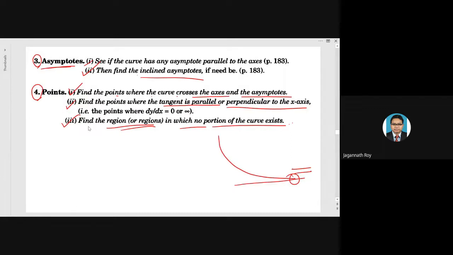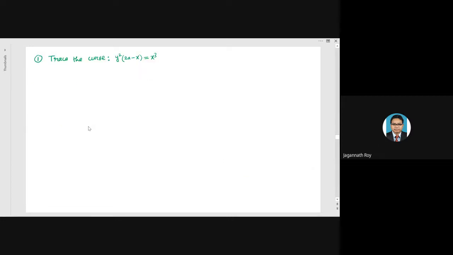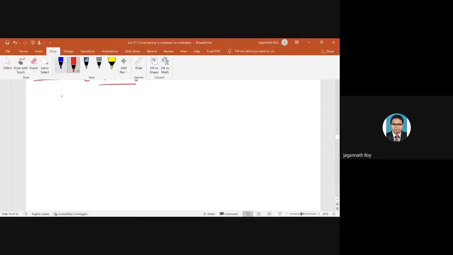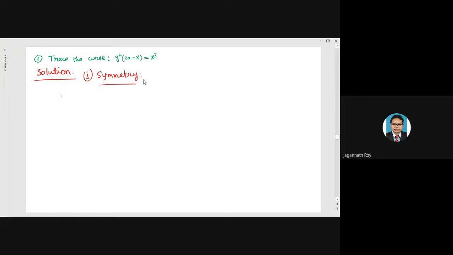So in order to get this idea, let us understand the example that we have started. Trace the curve, that means you have to plot the curve of this function. First we have to understand the symmetry. If you want to understand the symmetric property, what we see is y squared equals x cubed by 2a minus x.